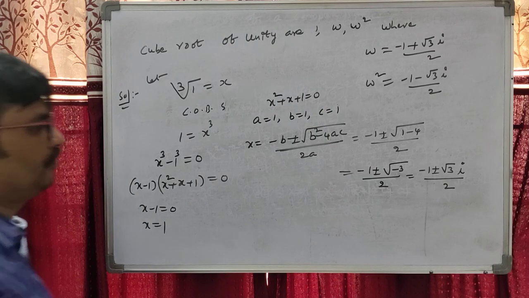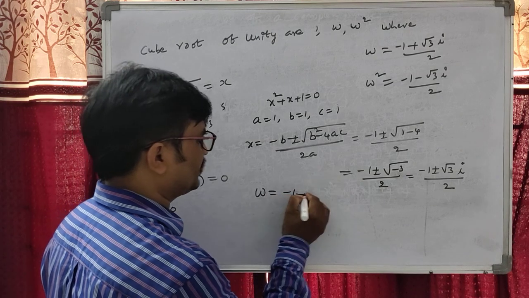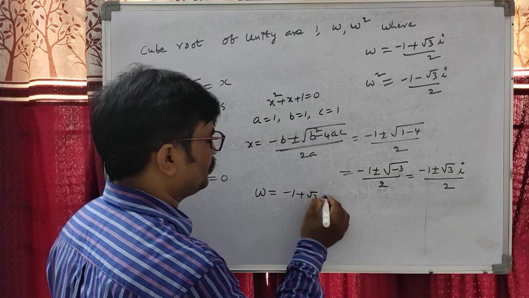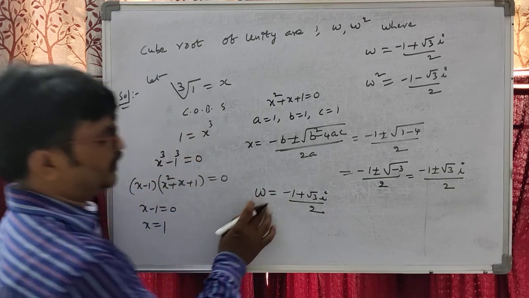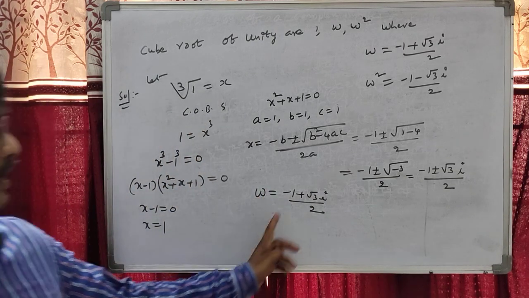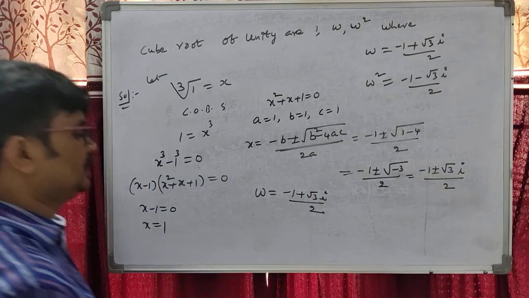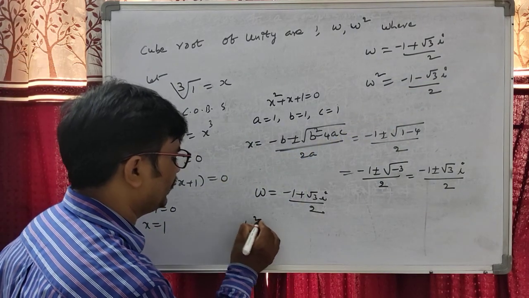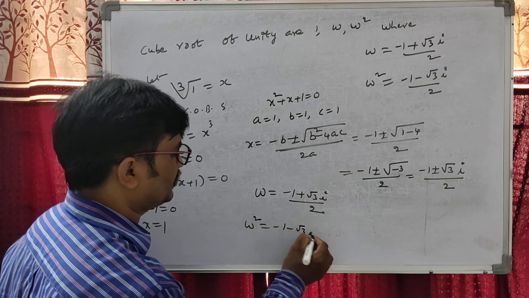Therefore, one of them we take as omega, that means minus 1 plus root 3 i by 2. When we square both sides, omega squared we get is minus 1 minus root 3 i by 2.